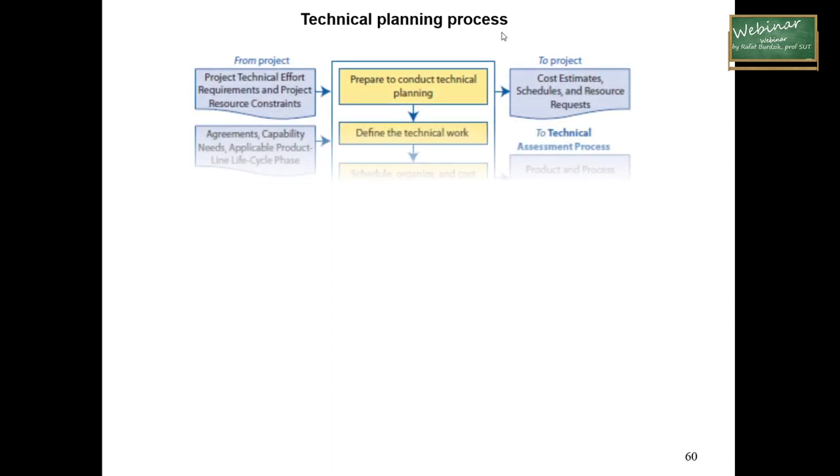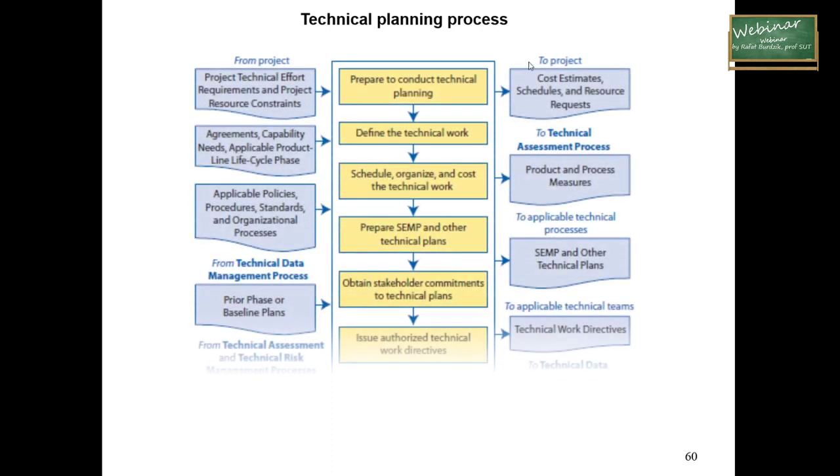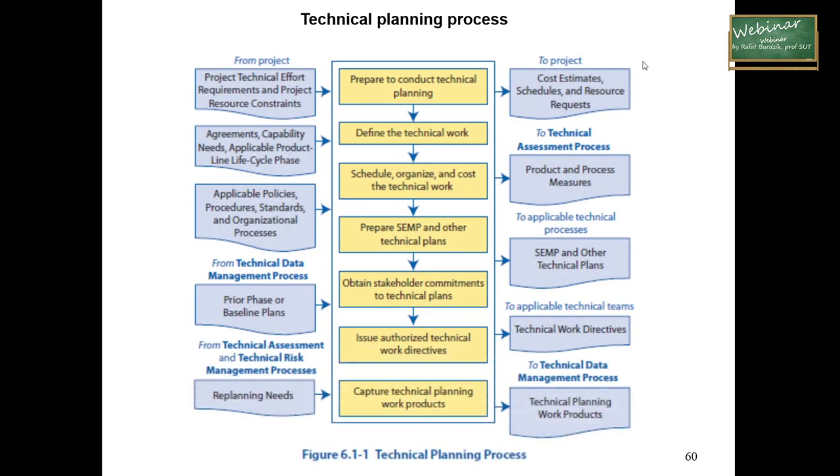Okay, the next area in systems engineering is the technical planning process. It is an important process. We should start from preparation to conduct the technical planning. We use the project technical effort requirements and project resource constraints, and as the results we should have the cost estimates, schedule and resource requests.